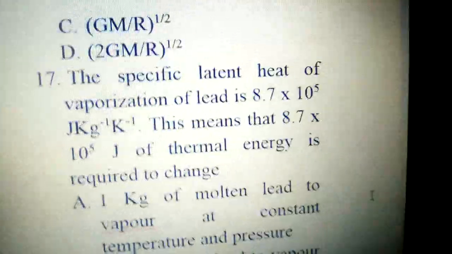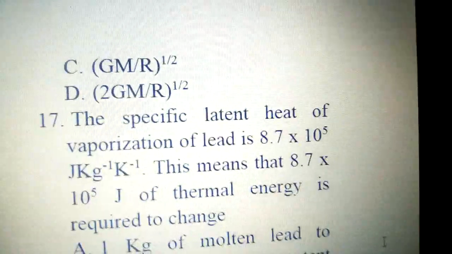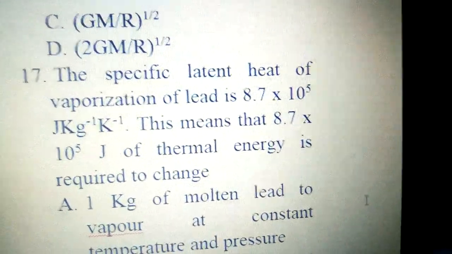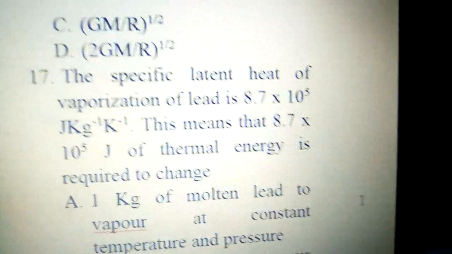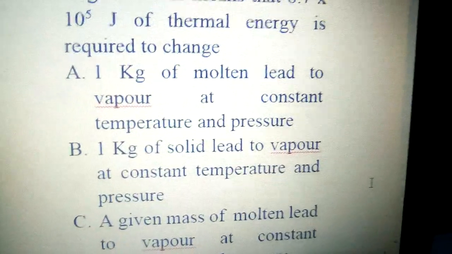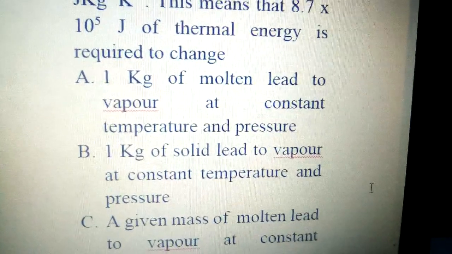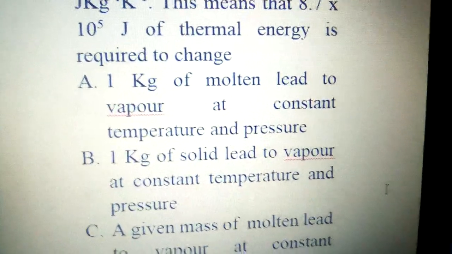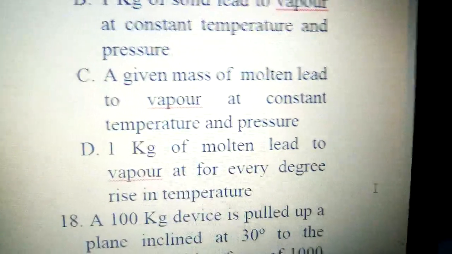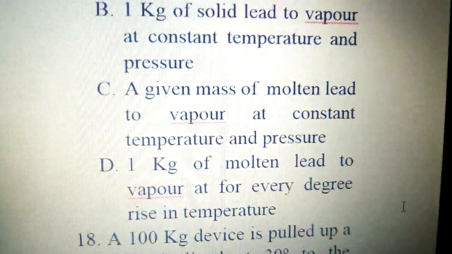Number 17. The specific latent heat of evaporation of lead is 8.7 times 10 power 5 joule per kilogram. This means that 8.7 times 10 power 5 joule of thermal energy is required to change: option A, 1 kg of molten lead to vapor at constant temperature and pressure; B, 1 kg of solid lead to vapor at constant temperature and pressure; C, a given mass of molten lead to vapor at constant temperature and pressure; D, 1 kg of molten lead to vapor at every degree rise in temperature.